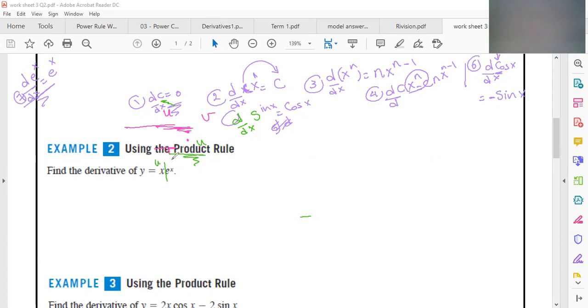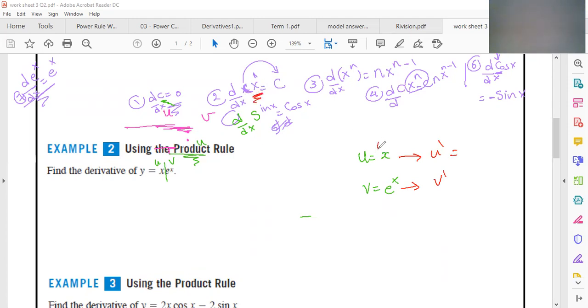I name this one U, this one V. Just apply the rule. U will be x, V will be e to the power x. Use a different color for the derivative. U prime, V prime. How to find the derivative of this form? It is a linear term of power 1.